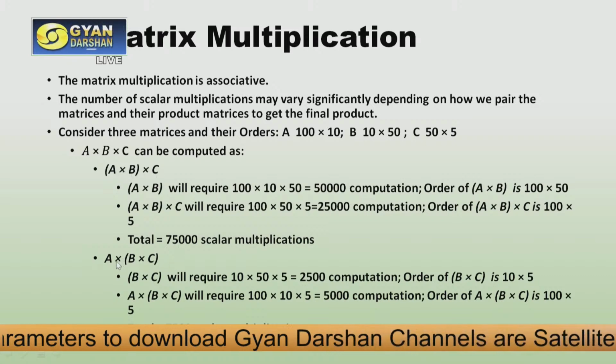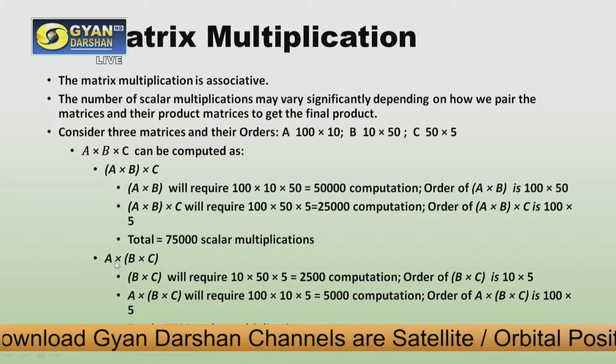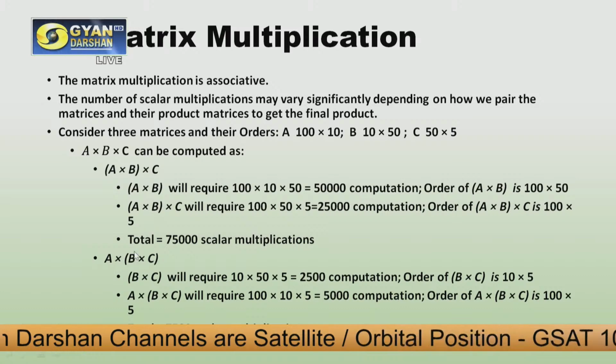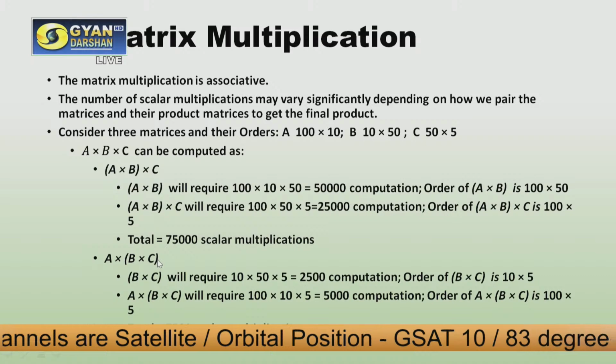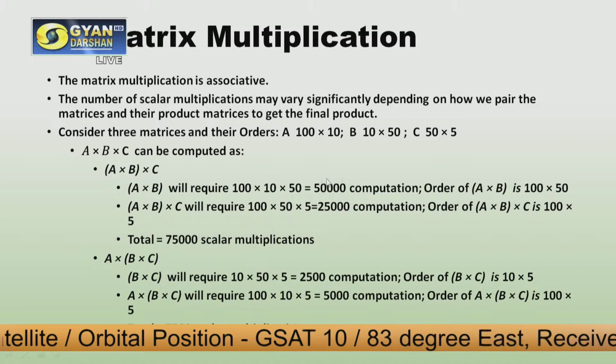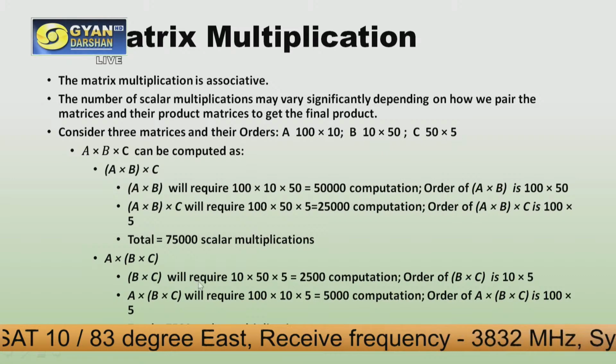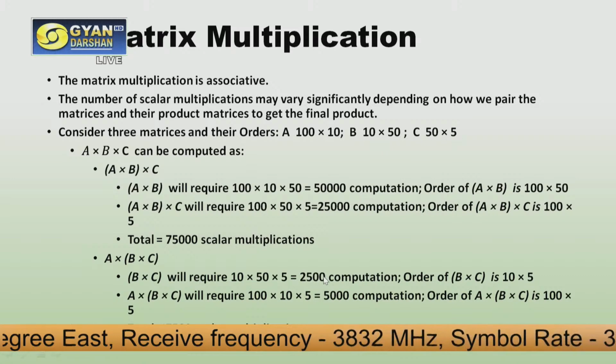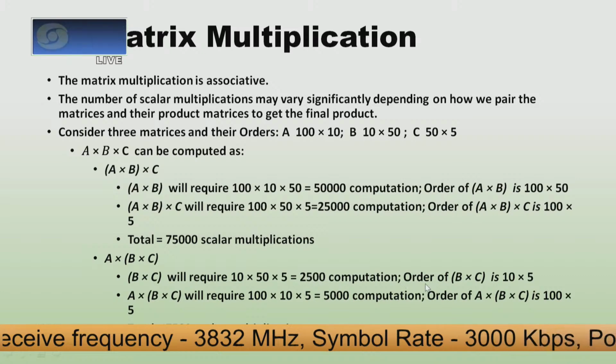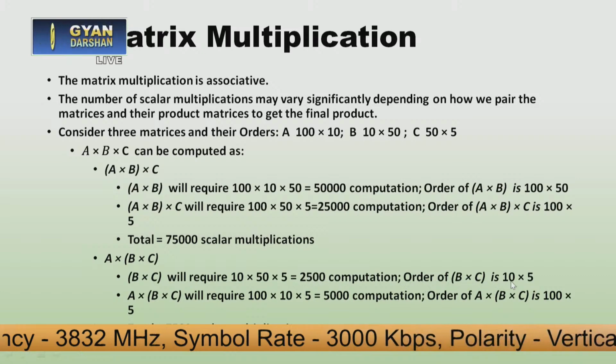On the other hand, if I do this computation by first multiplying B cross C, that will require 10 into 50 into 5, so just 2,500 multiplications. And the order of B cross C is going to be 10 into 5.